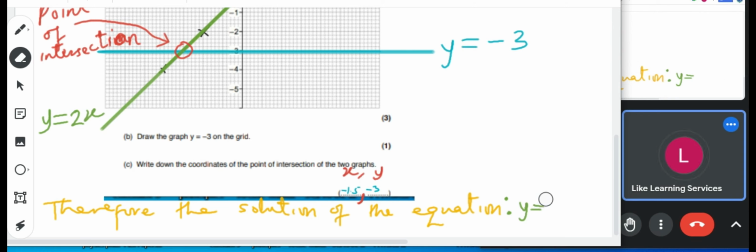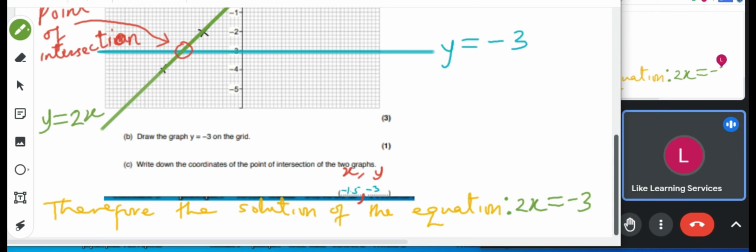How do I do that? If I have 2x equals minus 3, let me show you.